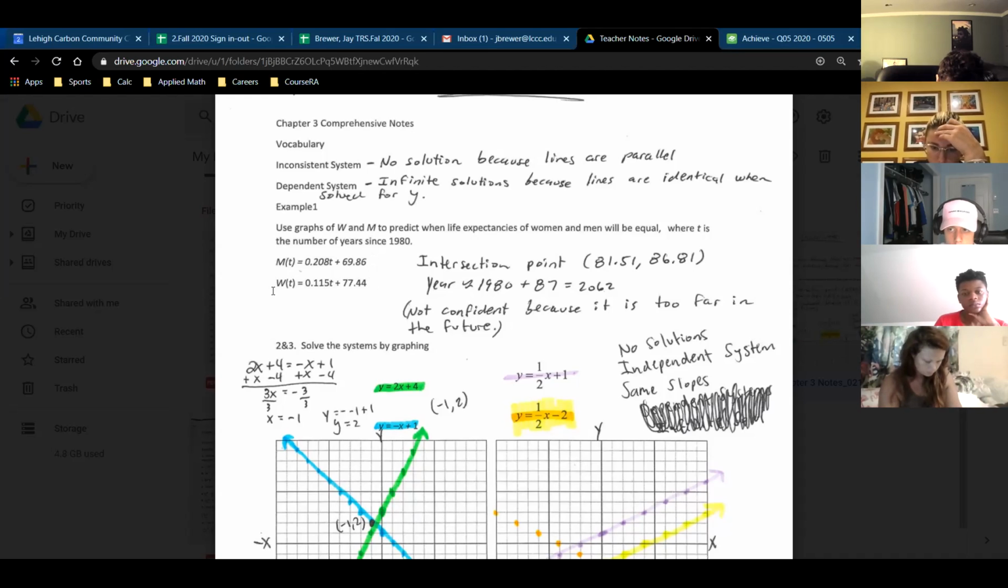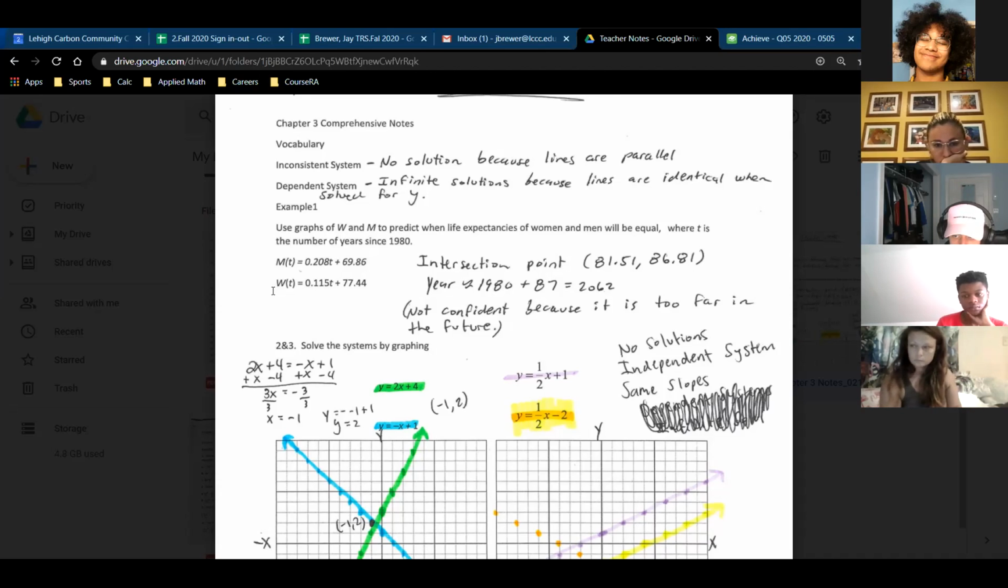So they want us to be able to figure out when men and women will be equal. So what does that tell you we need to find? What do you think we need to find? An intersecting point.